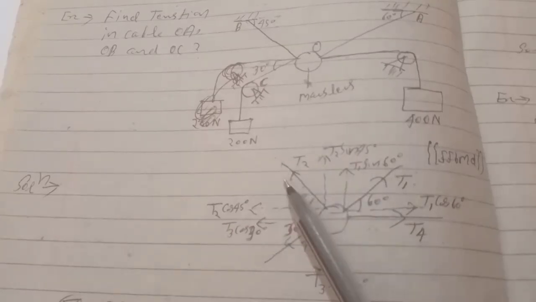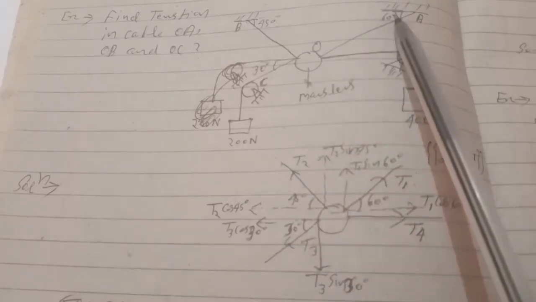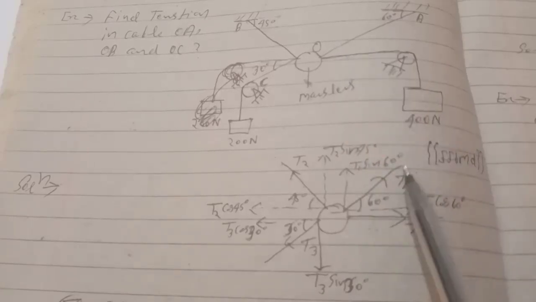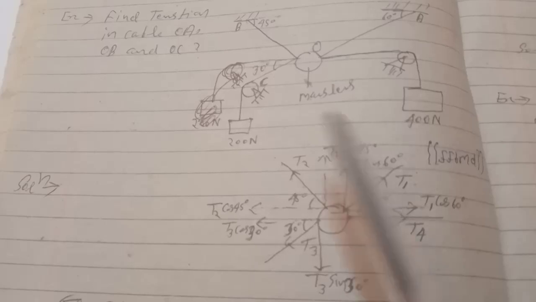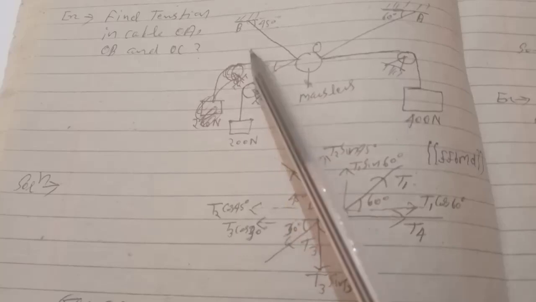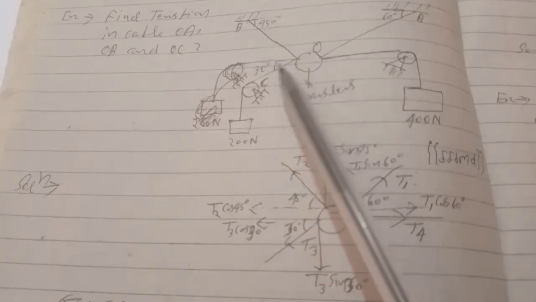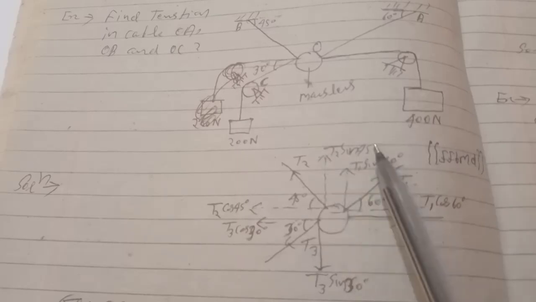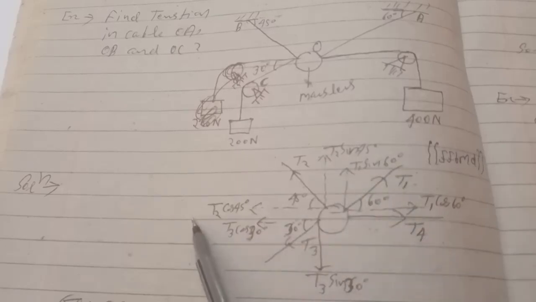Because this is 60 degrees, this will also be 60 degrees, so there will be two components, T1 cos theta and T1 sin theta. Again, because this is 45 degrees, this will be 45 degrees, so we can write T2 sin 45 and T2 cos 45.